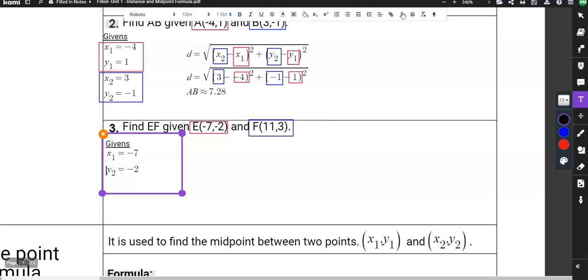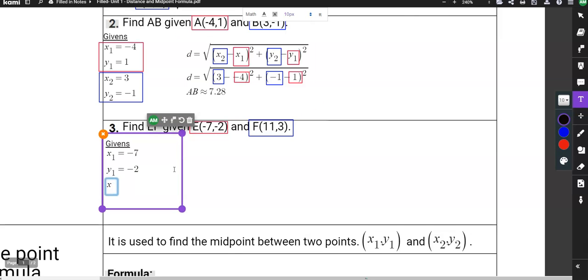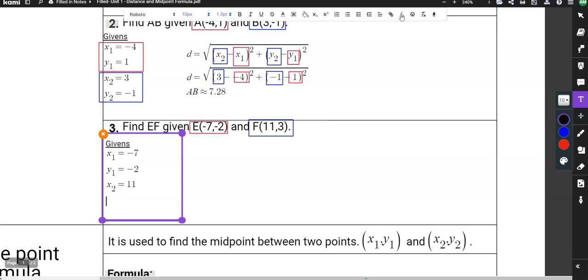And then our second x value is going to be 11, and our second y value is going to be 3.